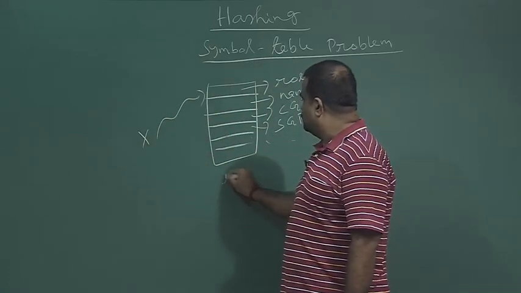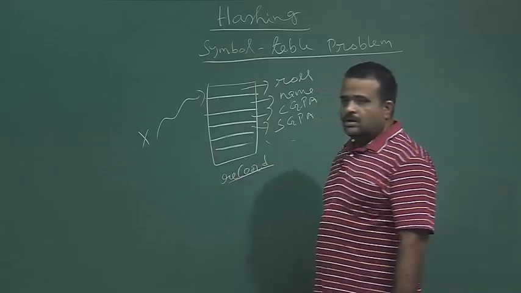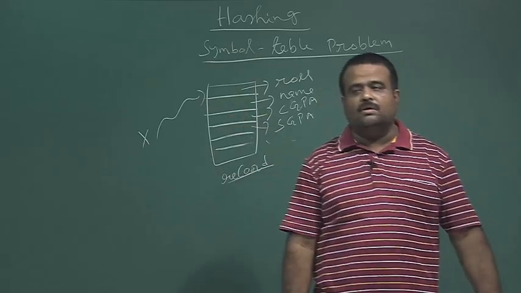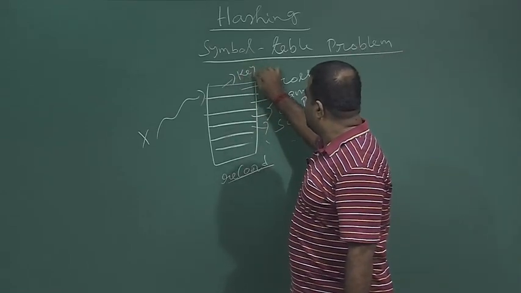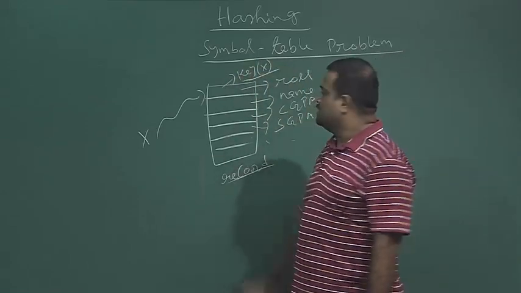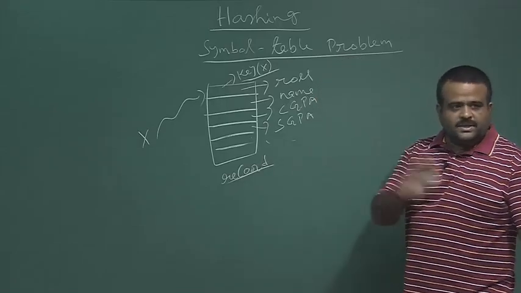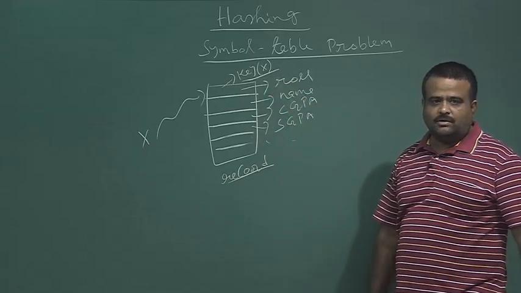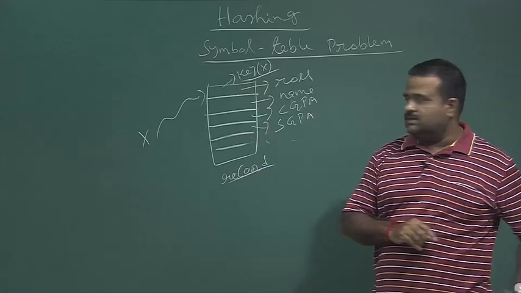This is one record. One field of the record we call the key of X, which is unique to that record. We want to store many such records based on the key value of the record. So this is the problem: how can we maintain a table for this?